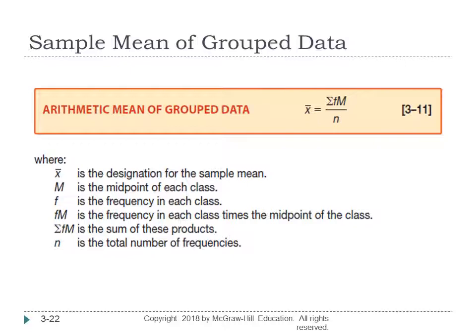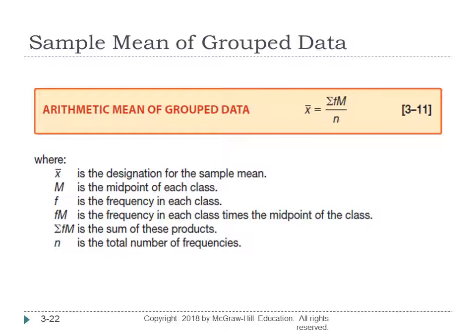The arithmetic mean for grouped data is calculated this way. Now this is for a sample, so this is x bar. It is equal to the sum of f times m, f being the frequency and m the midpoint, divided by n. So take the midpoint of each class multiplied by the frequency, add all those products and divide by n.